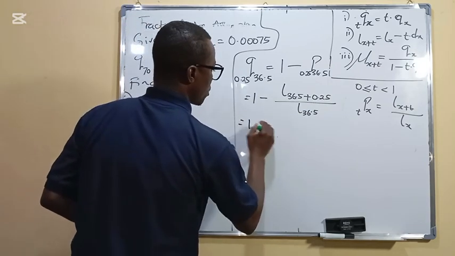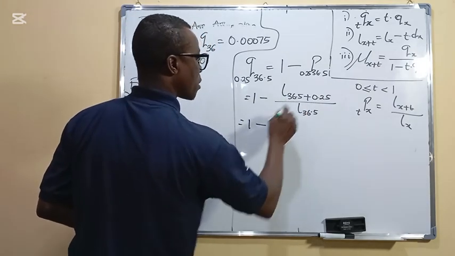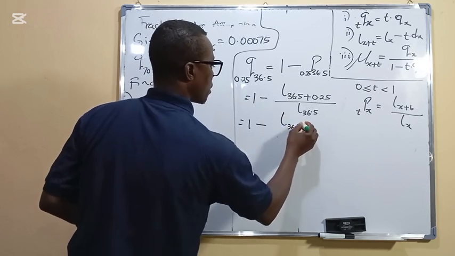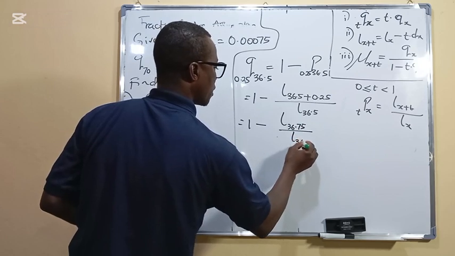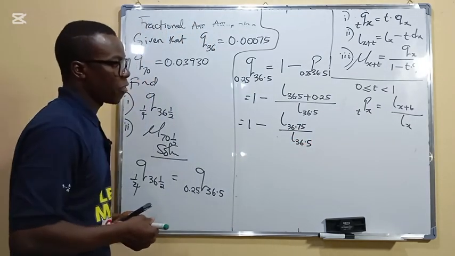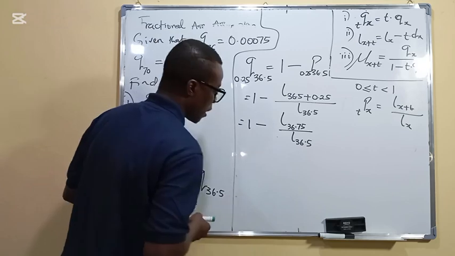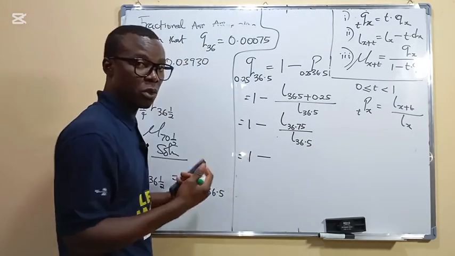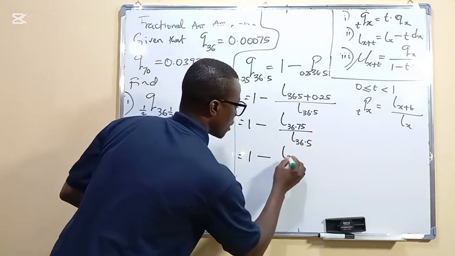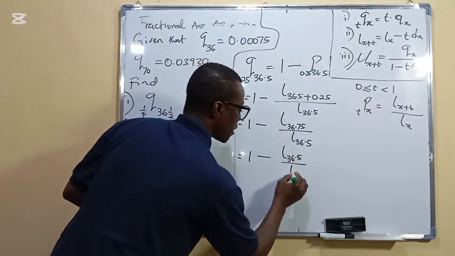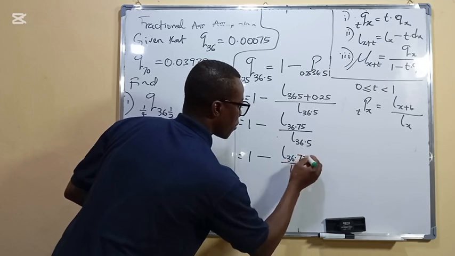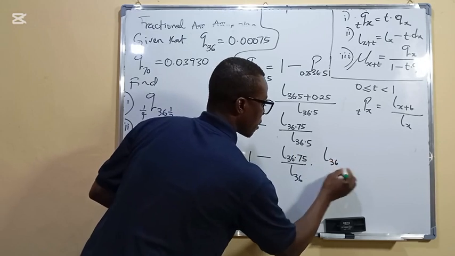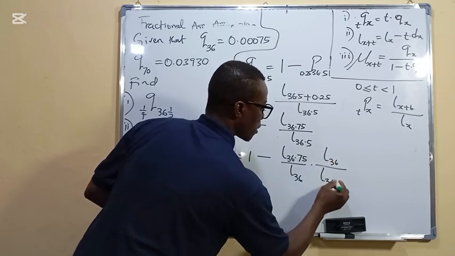I'm going to add this up together, so this is 1 minus l 36.75 over l 36.5. And since I have this again, I will say this is 1 minus, here I'm going to introduce something, just very little: l 36.75 divided by l 36 times l 36 over l 36.5.